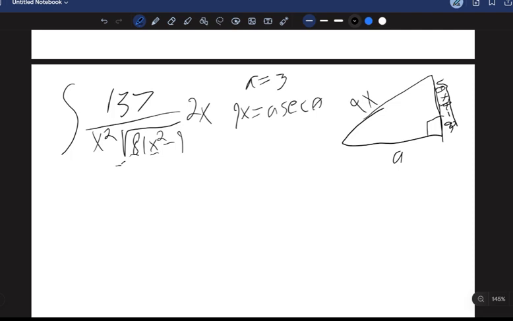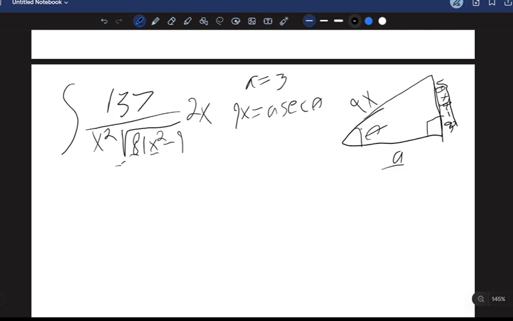And so from this, knowing that I want to look for this radical, and I want something not in terms of x, so I can make everything in terms of theta, I want something on top to stay on the bottom. Opposite over adjacent.